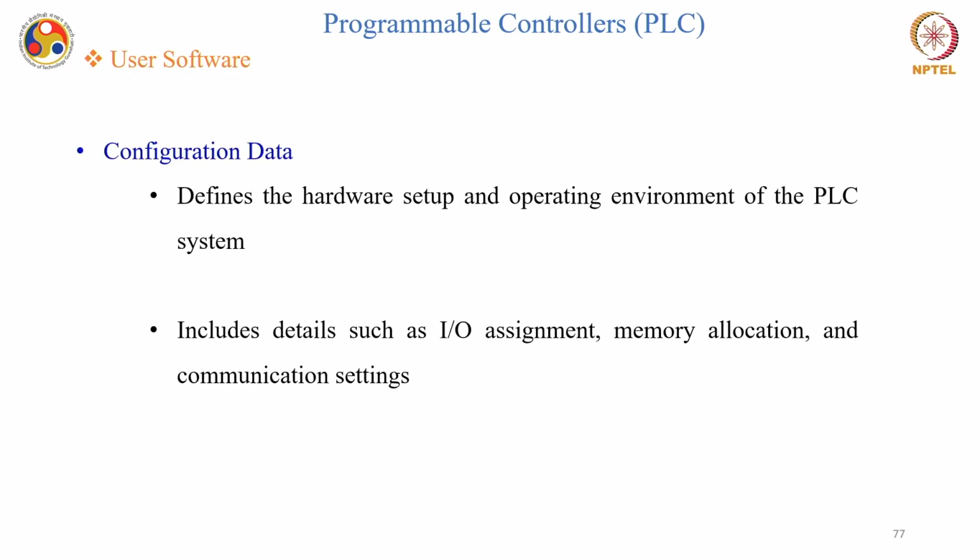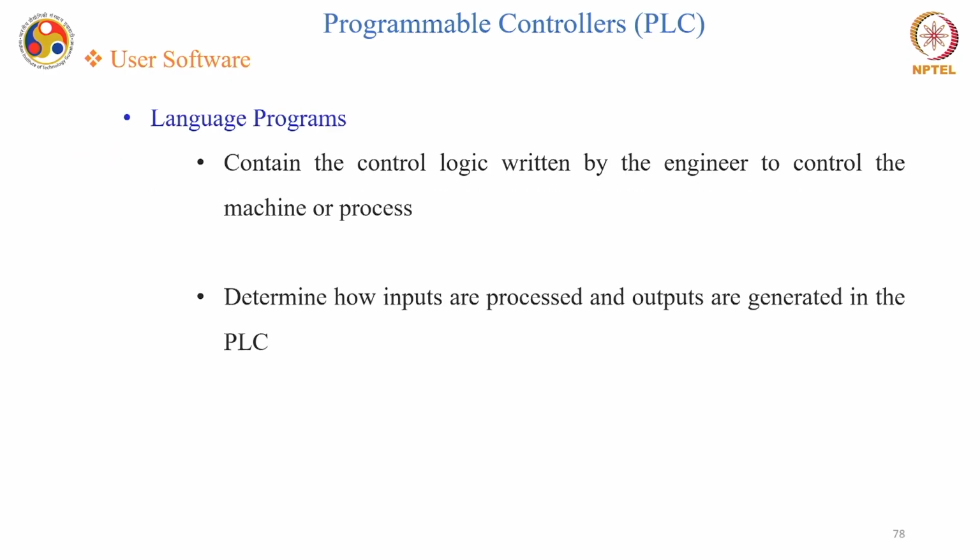When I say configuration data, it defines the hardware setup and operating environment of the PLC system, and it includes details, for example, input output assignment, memory allocation and communication settings. Then we have the language program, which is more controlled by the users.